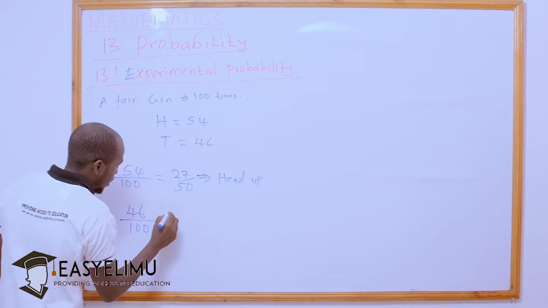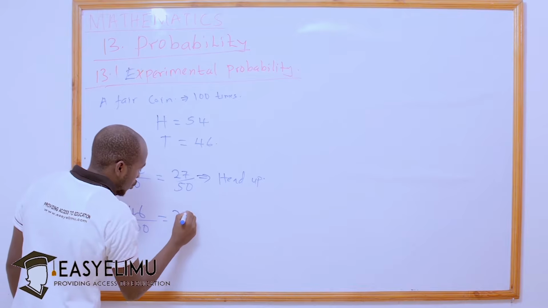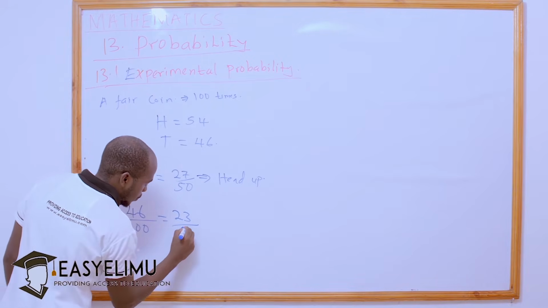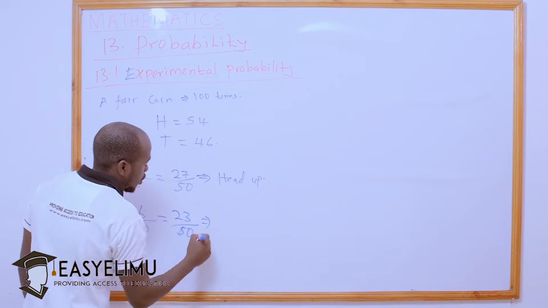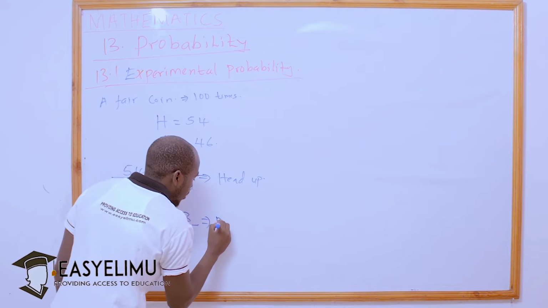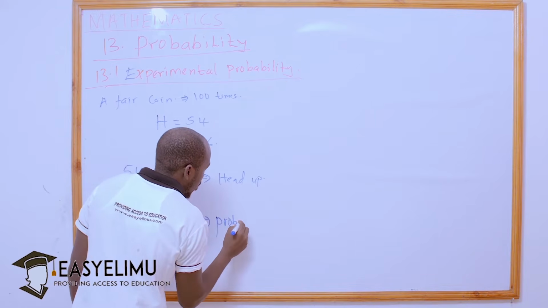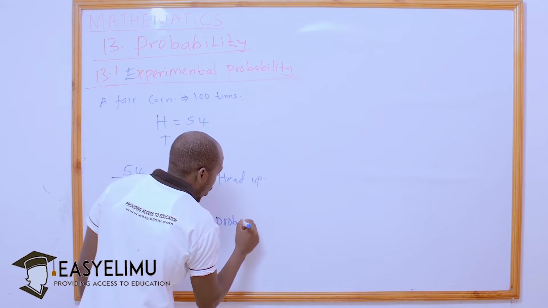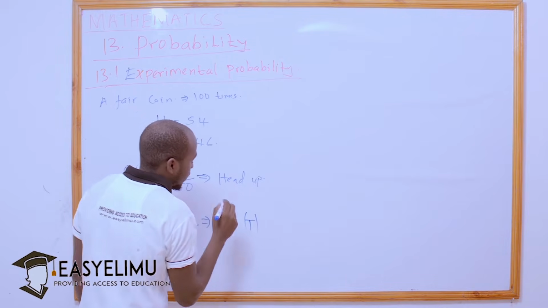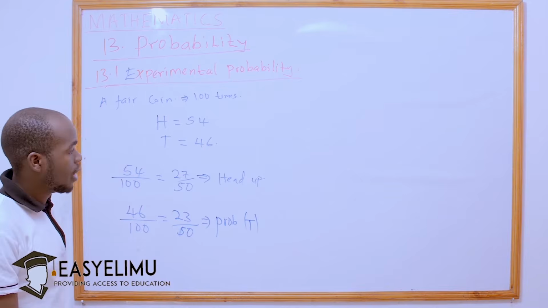You will find this is going to give you 23 out of 50. So 23 out of 50 is the probability of finding a coin showing up a tail.